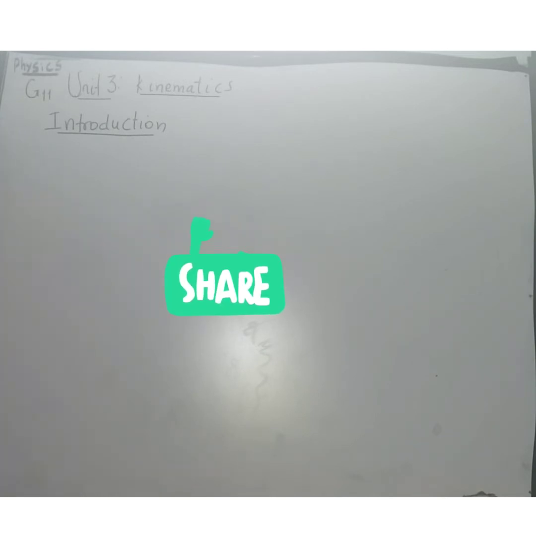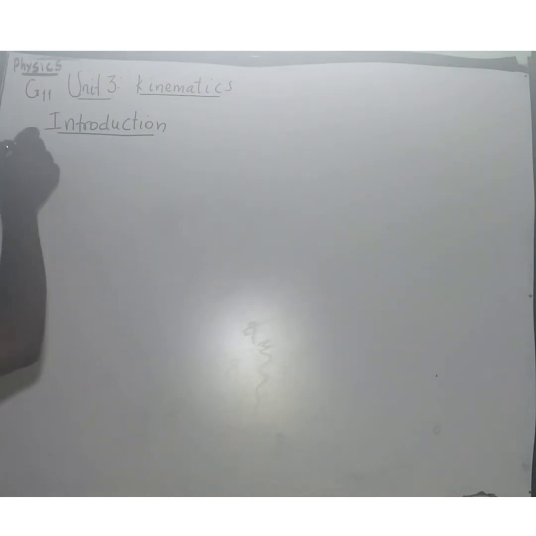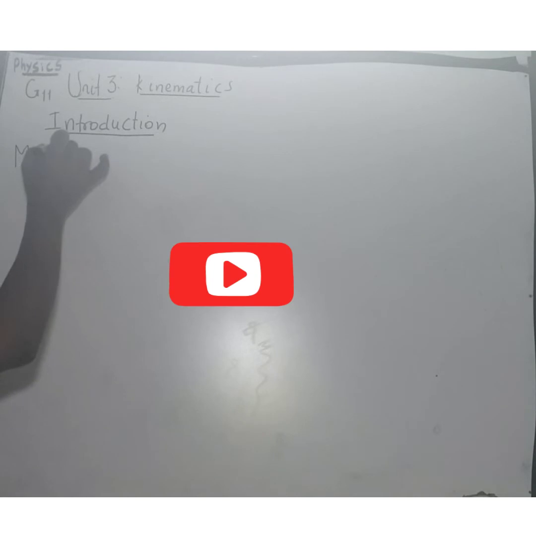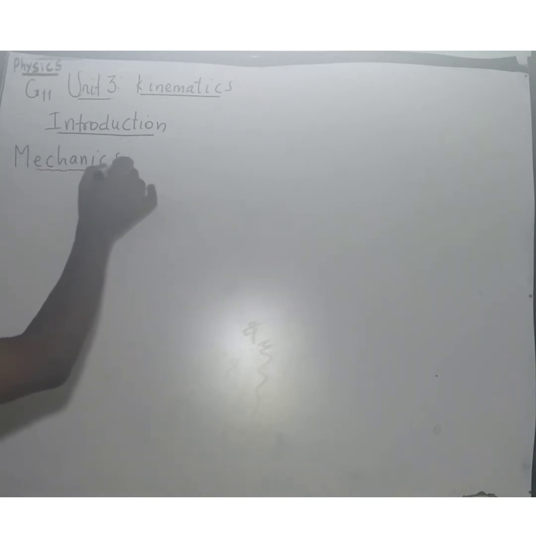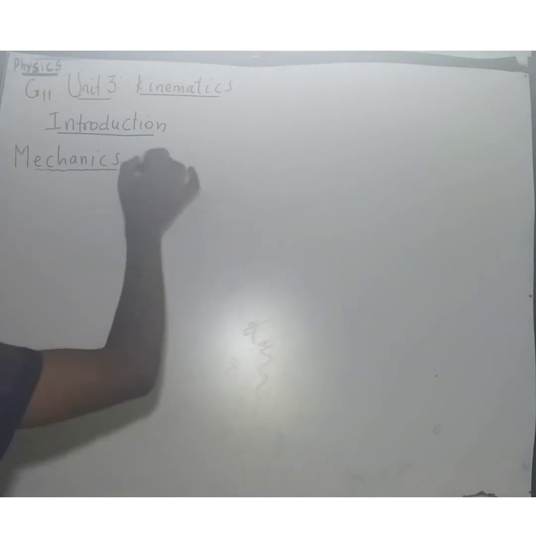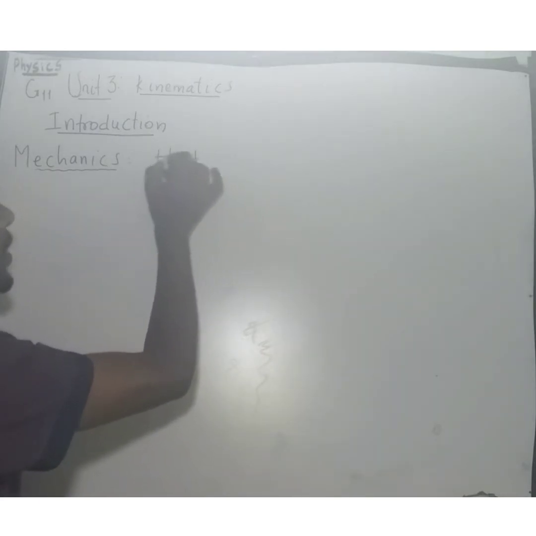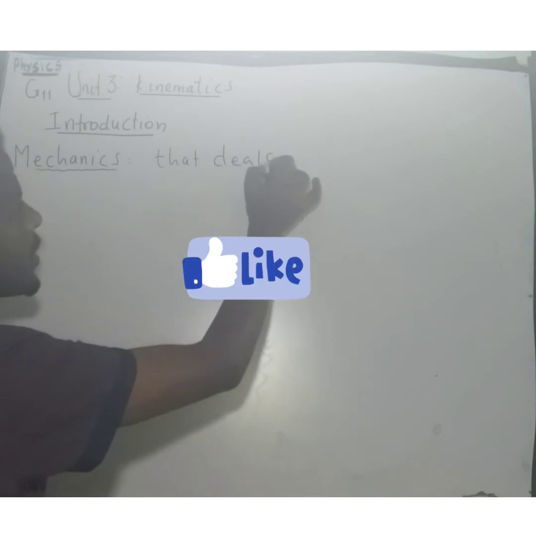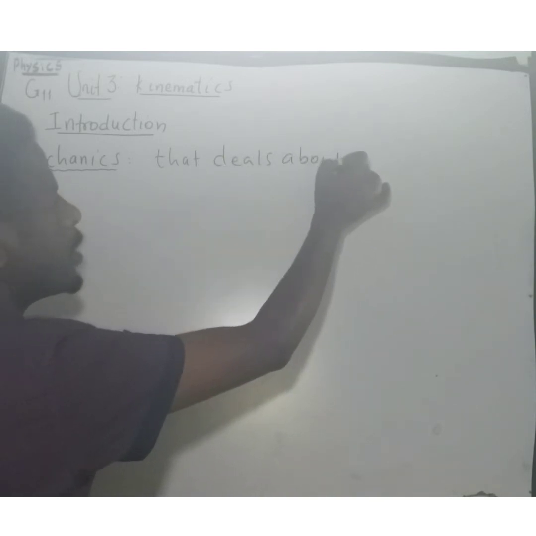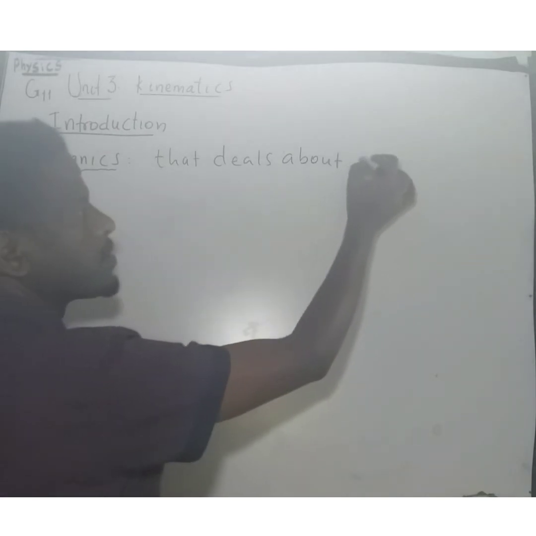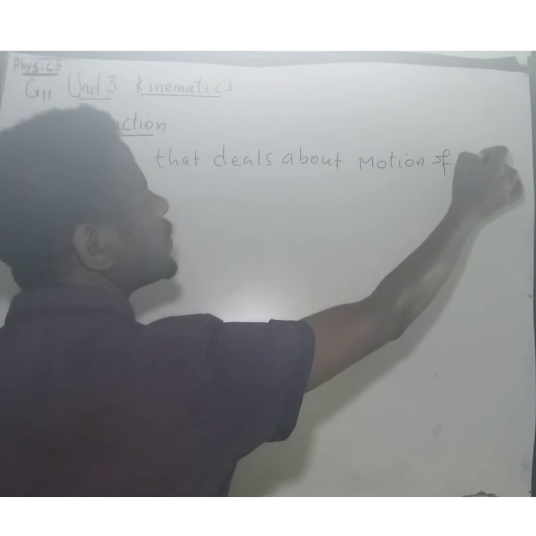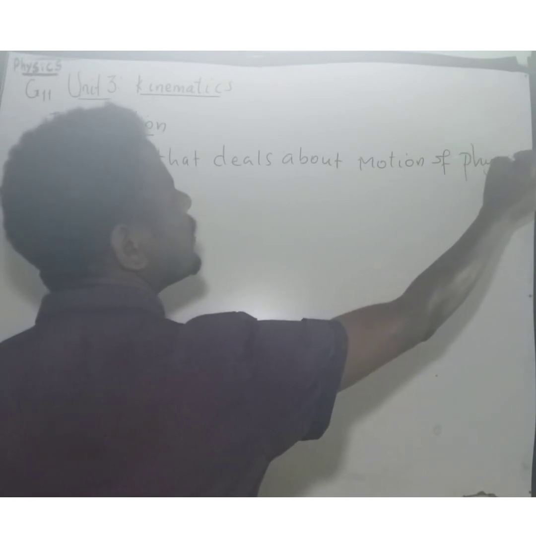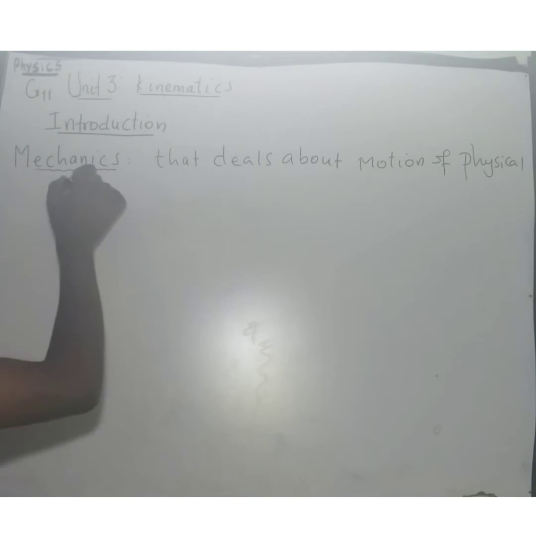From these branches of physics, one branch is mechanics. It is one branch of physics that deals with the motion of physical bodies.